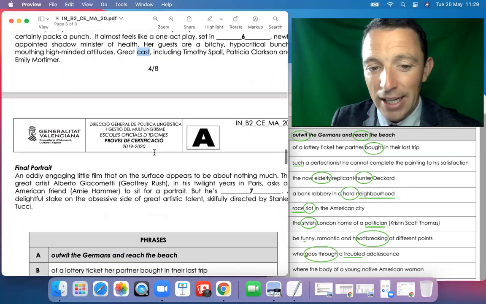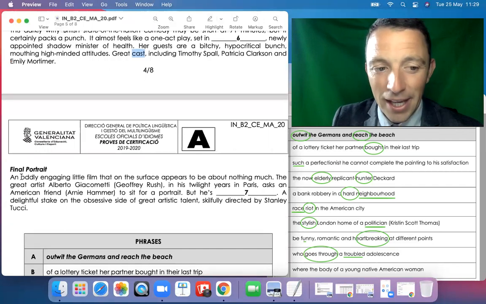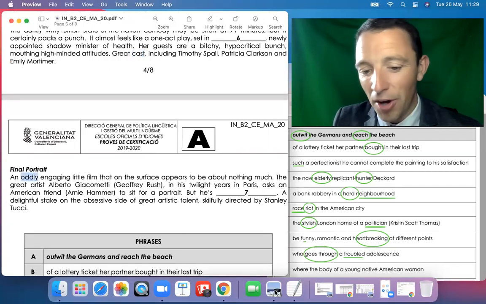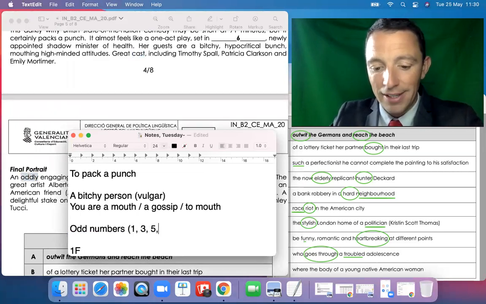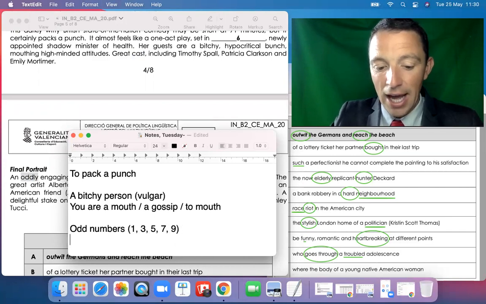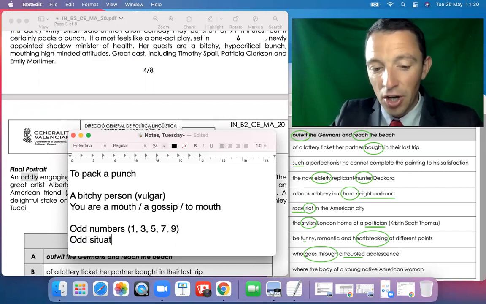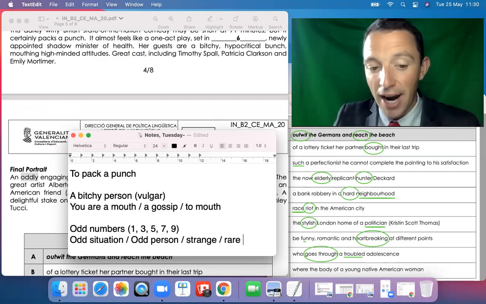And then finally, number 7, an oddly engaging little film. So odd is very, very important. Again, odd numbers are 1, 3, 5, 7, 9. And an odd situation or an odd person basically means a little strange or a little rare. So probably strange, probably rare.